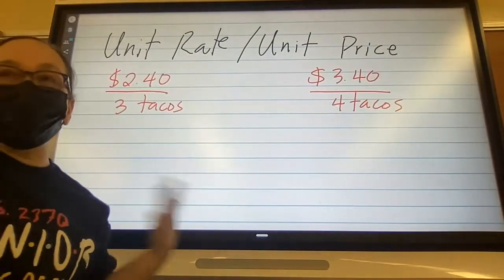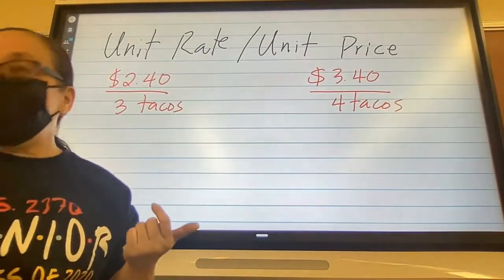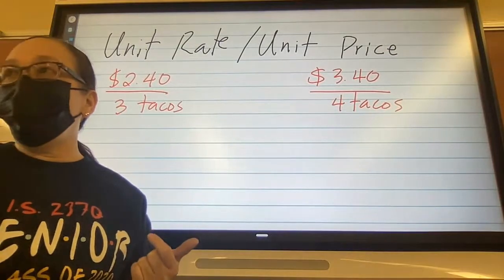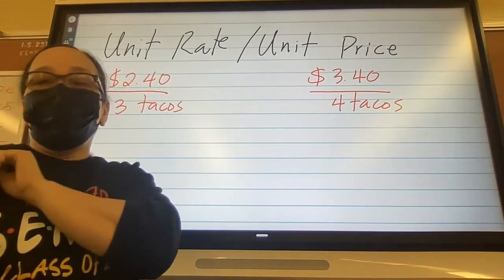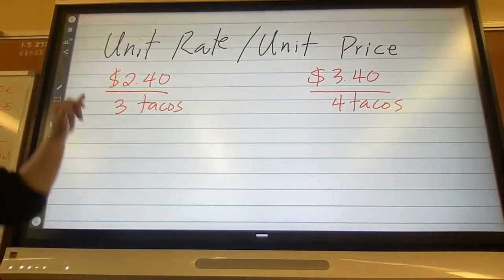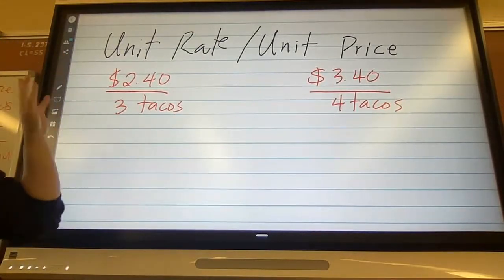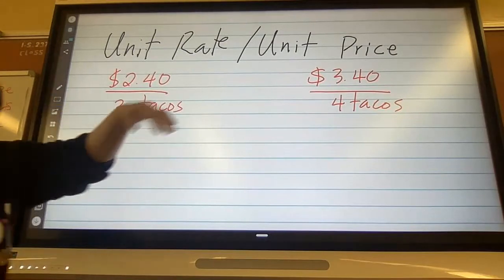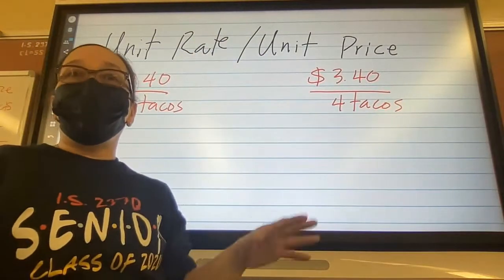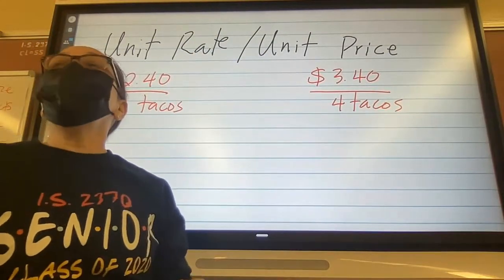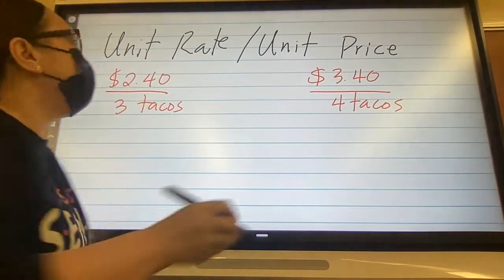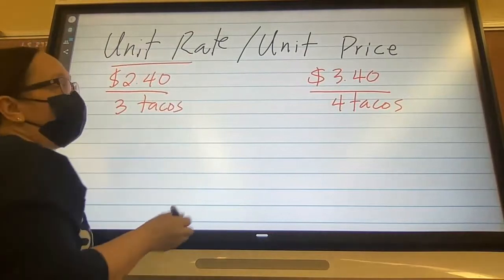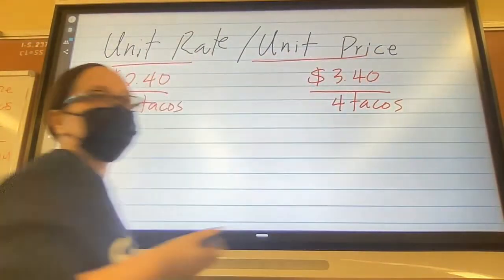This example that we have on the board is actually on page 301 of your book. So $2.40 for 3 tacos and $3.40 for 4 tacos. We're going to find which one of these is the better deal using the unit rate, or what we call unit price.